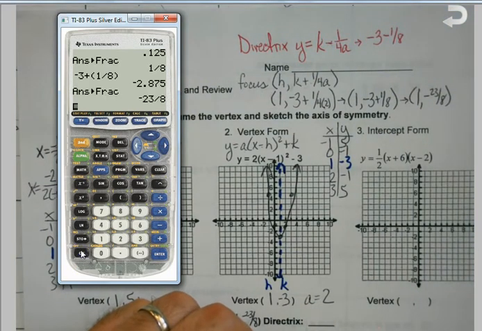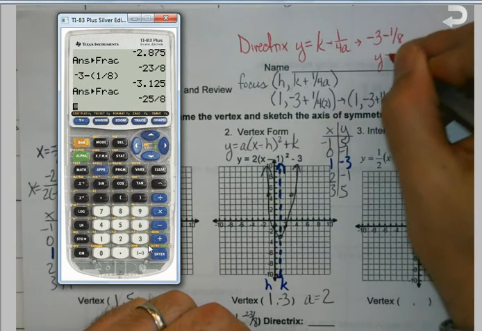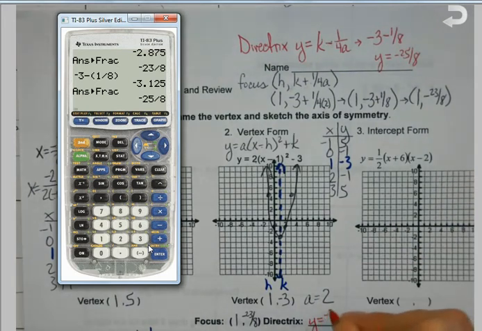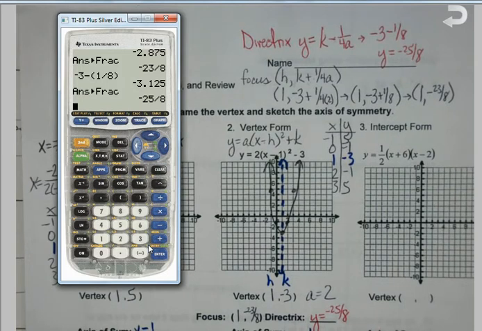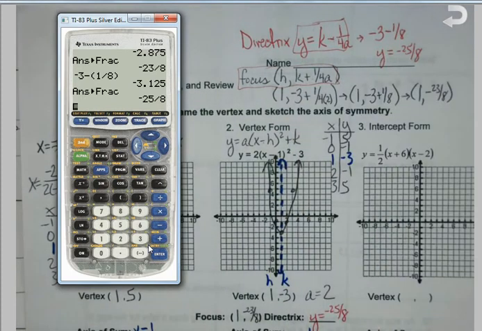If I'm sure, I'll just type that in as my answer. If I'm not, I'll go ahead and use math, enter, enter, and I get y equals -25 over 8. And that's my directrix. But the formulas, both for my directrix and my focus, are on your tan formula sheet. So use those, then just plug the numbers in and take little baby steps like we did here, and you'll be in good shape with that one.